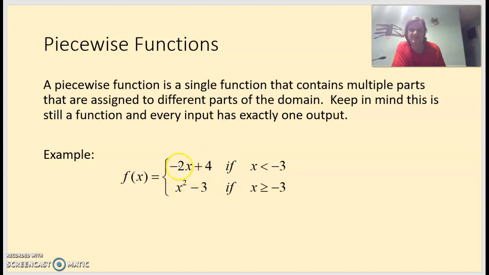The top one says negative 2x plus 4 if x is less than negative 3. So this part on the far right is like a domain issue, and the part on the left is the calculation.